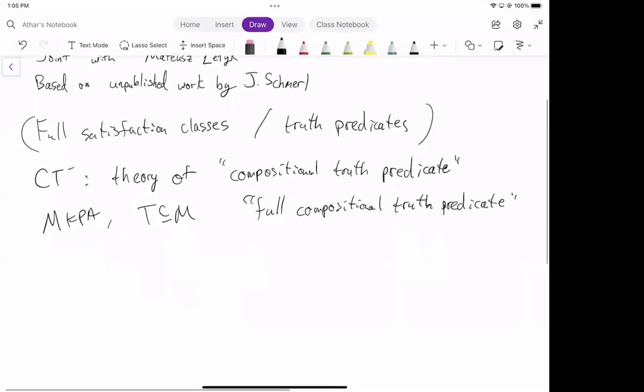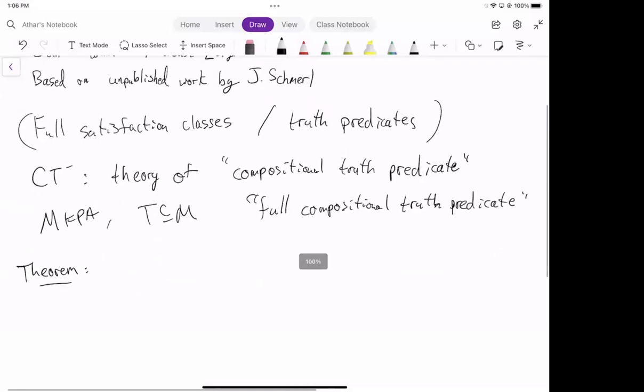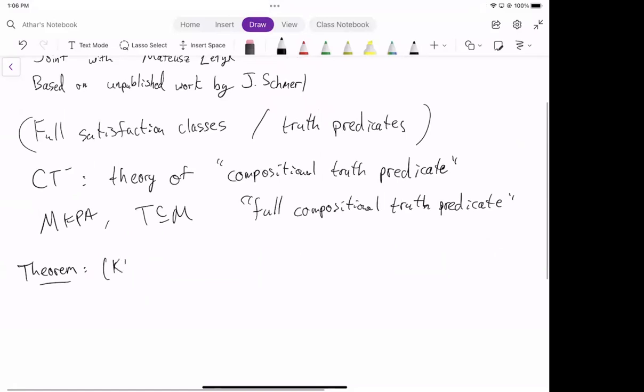I'll start with the classic theorem from Kotlarski, Krajewski, Lachlan, and then Enayat and Visser, and others, who have proven that CT minus is a conservative theory over PA.